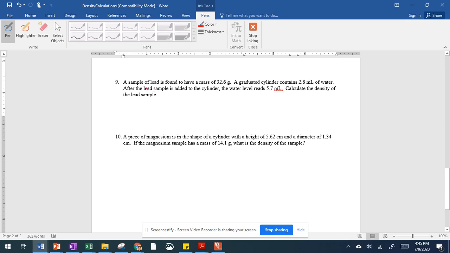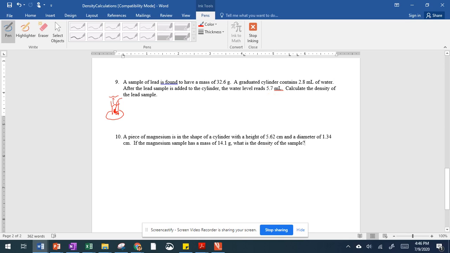So if you have a sample of lead, a metal, and you use a graduated cylinder, you can imagine you have a graduated cylinder with water in it, and then when you put the lead into it, the water is going to rise, and you can tell the volume of that lead by the displacement that you see with the water. So that should help you figure out the volume with number 9.